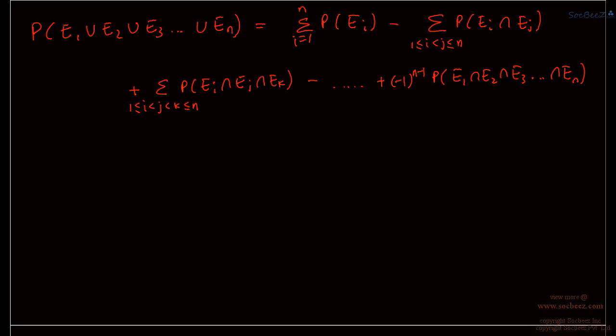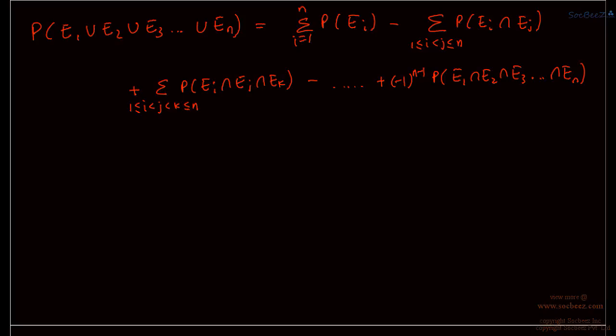Then I'll add all the possible selections of three events at a time. Similarly the process will go on till the last one when I consider all of the events occurring simultaneously. So this is a very important formula. Definitely it has been generalized, and we'll be using more of this formula in its simpler forms, which will include two and a maximum of three events.